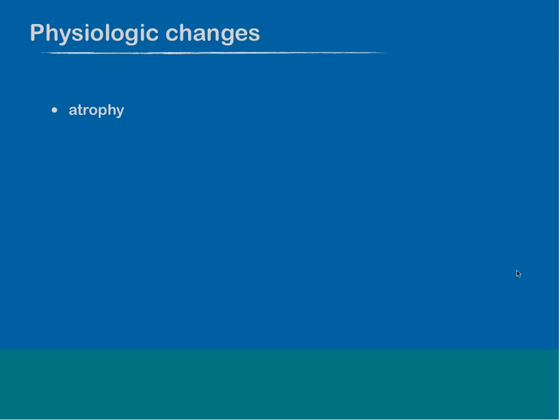So there can be seen a lot of atrophy, either vertical or horizontal or both altogether. So just check out for atrophy and its consequences for your plans to implant.